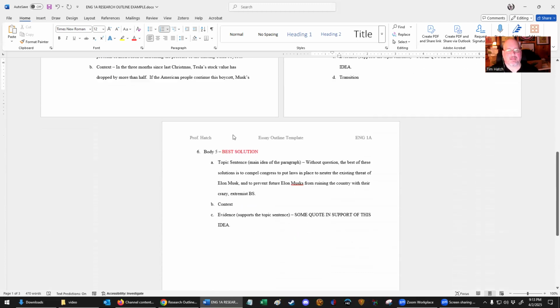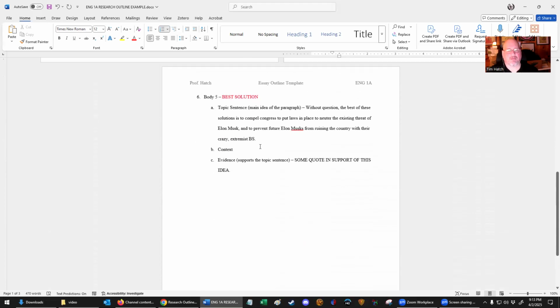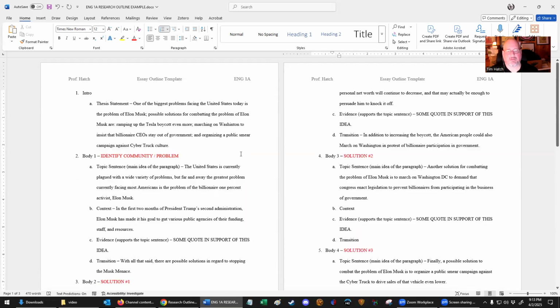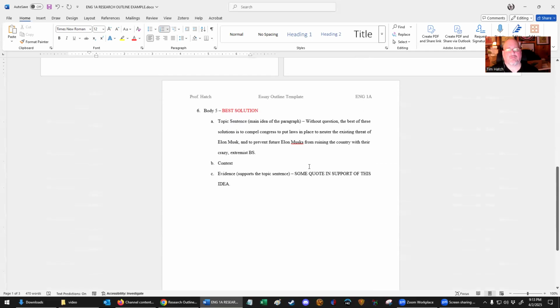If you get all this done, if you fill out all of this, obviously, you're going to have your quotes from the scholarly peer-reviewed journals. What you need to do then for the rough draft is fill in the first and second parts of the intro, and fill in the entire conclusion, which isn't even in this outline, but it will be.